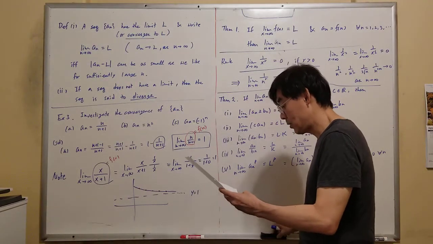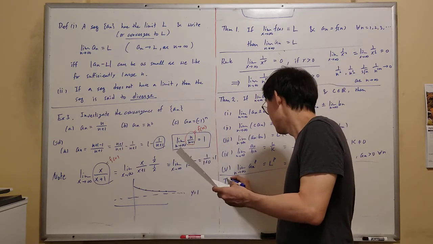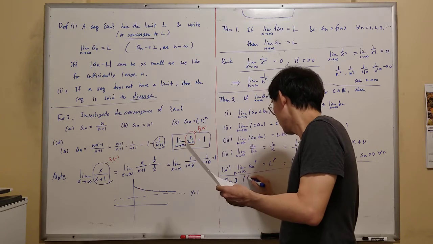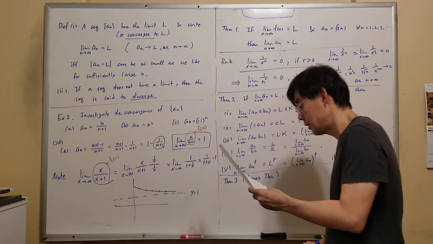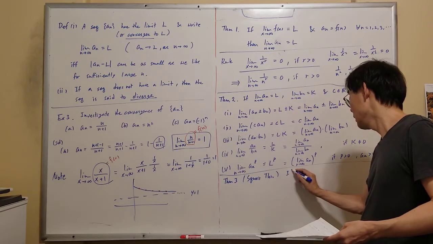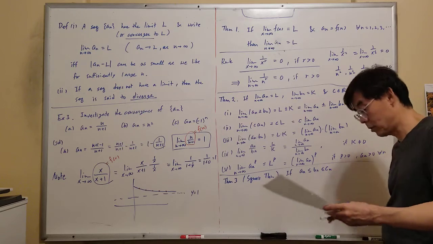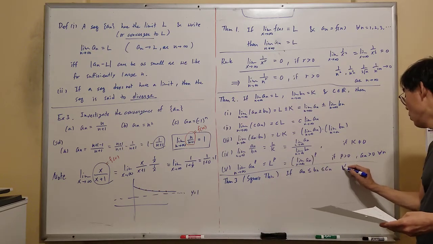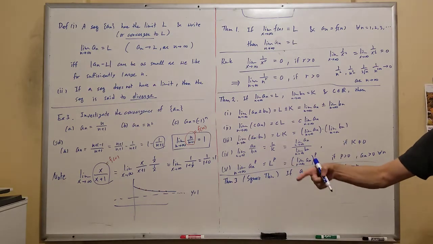And also you have the squeeze theorem too, just like before, just like in calculus 3. Squeeze theorem. That is, if a_n, b_n, c_n are in that order for all n greater than some number, it doesn't have to be that way from the very beginning.